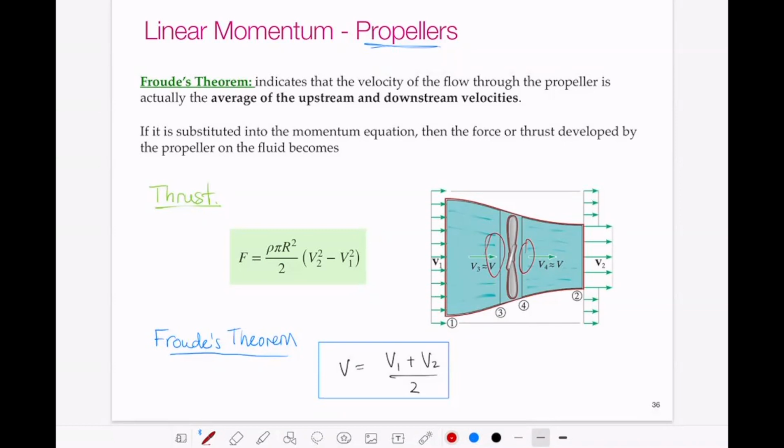So for a moving control volume, if this is a propeller attached to a boat, the velocity entering would be equal to the velocity of that boat, because it would be moving through water that would be stationary, and relative to the control volume, the water would be moving into the control volume at the rate that the boat is moving forward.